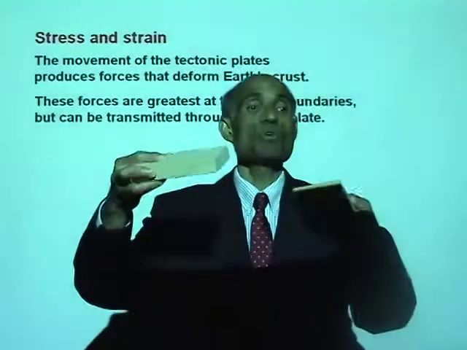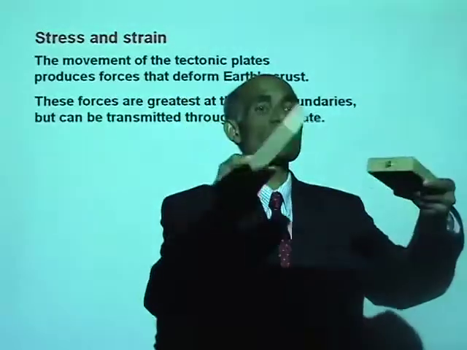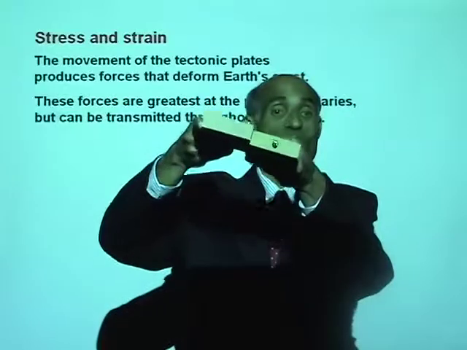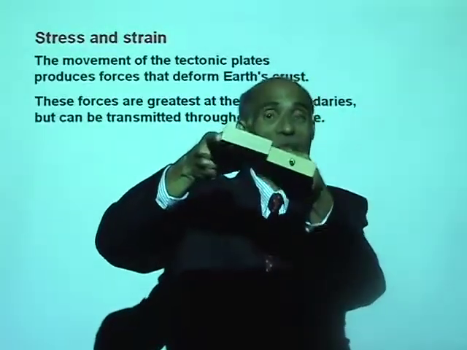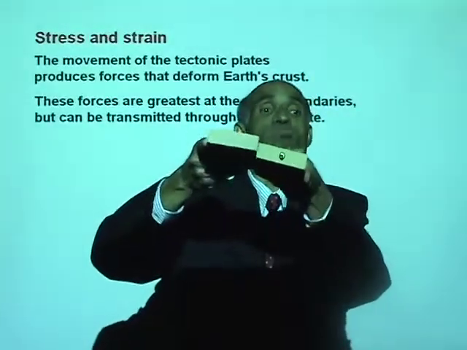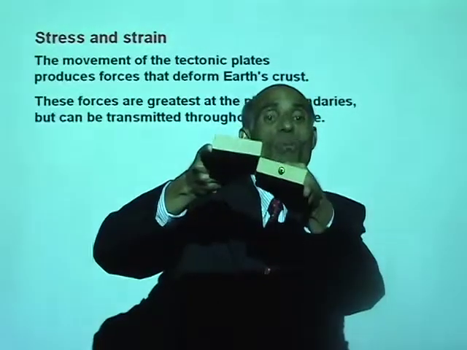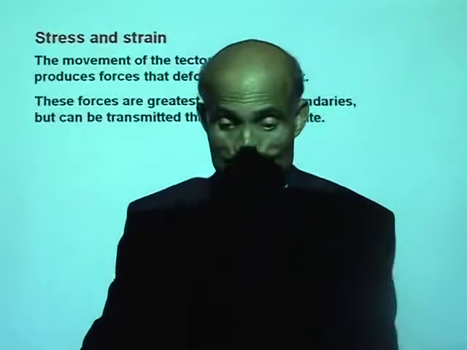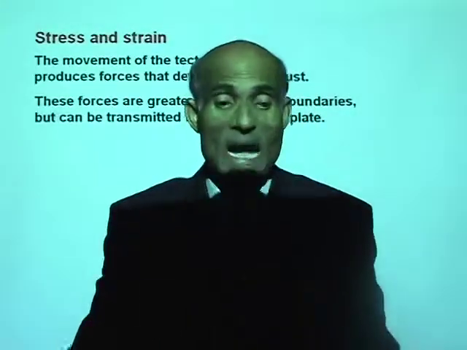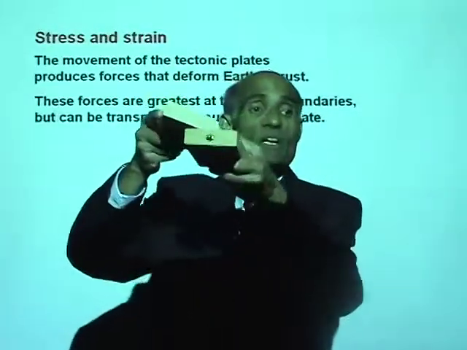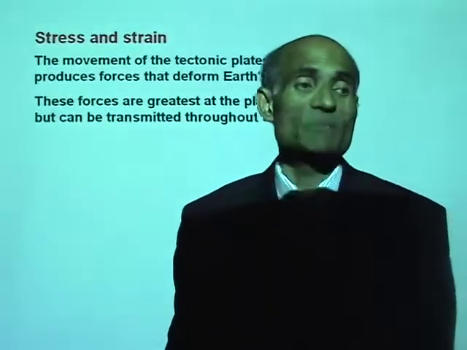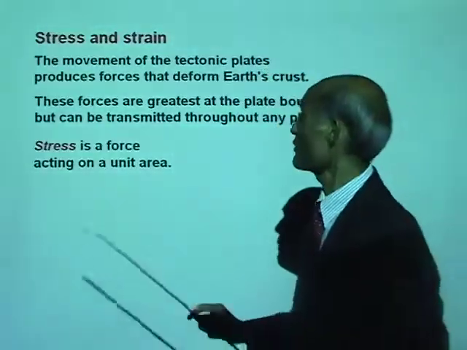So when two plates come together like this, the forces are greatest at the boundaries because the plates will be trying to go past each other. So those forces will be greatest at the boundaries and can be transmitted through the length and width of the plates.